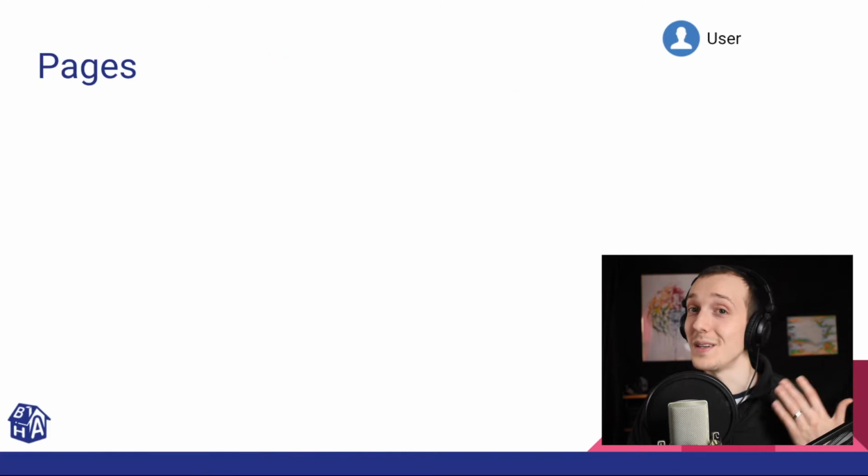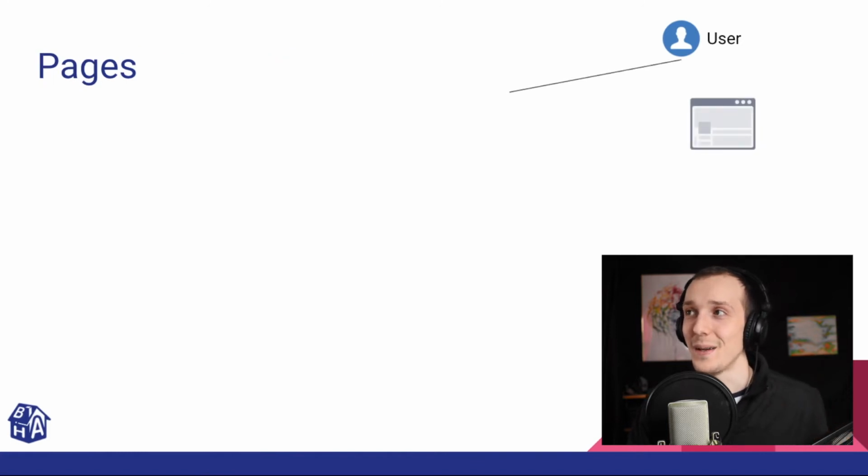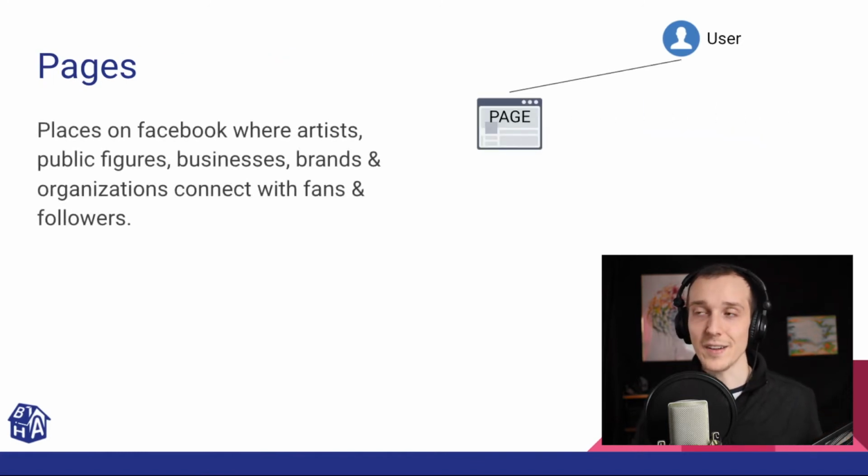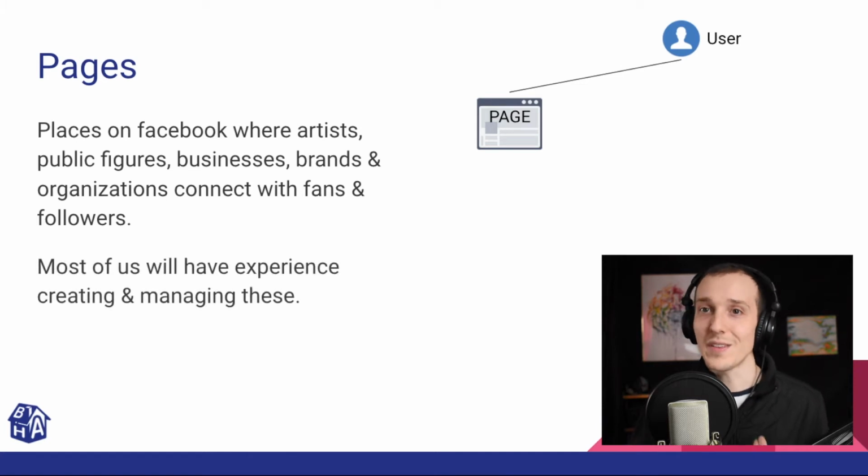For example, pages, right? Pages are the places on Facebook where artists, public figures, businesses, brands, and organizations can connect with fans and followers. And hopefully most of us have experience already creating and managing these.